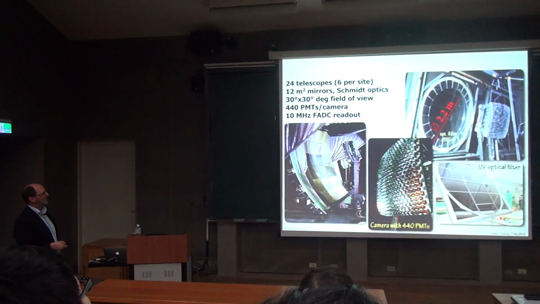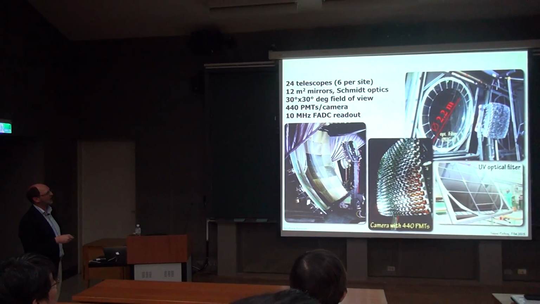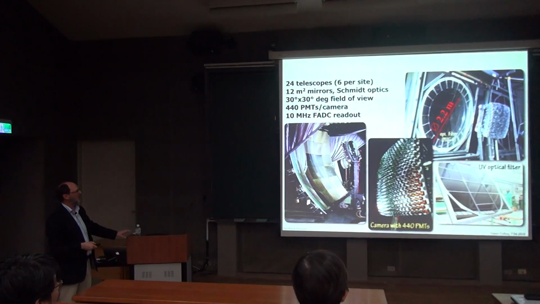And this is how the telescopes look like. You see here the entrance window. Astronomers here may recognize these things here. That's a corrector ring, because what we are using is a Schmidt camera, which allows you to have a wide field of view without aberration effects.